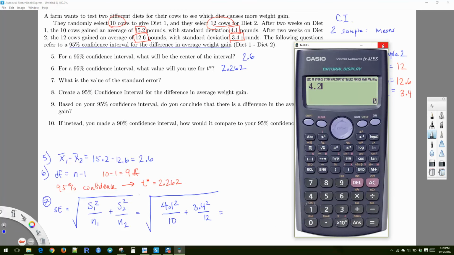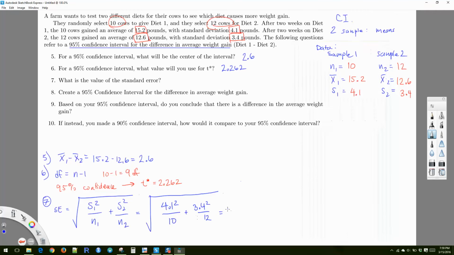All right, 4.1 squared over 10 plus 3.4 squared over 12. I get 1.626.